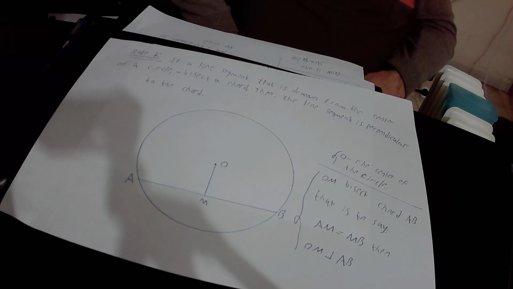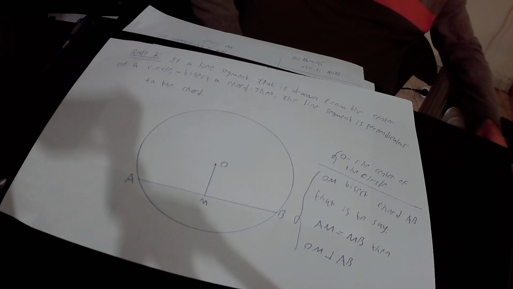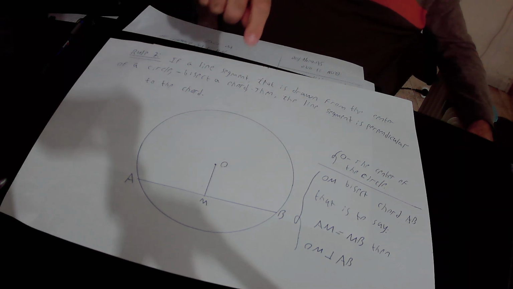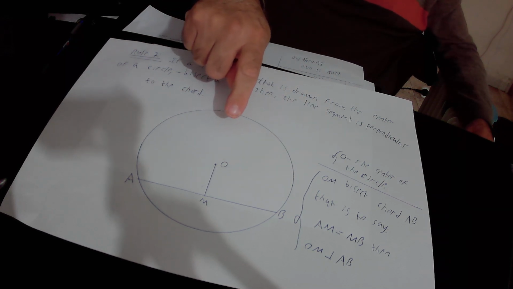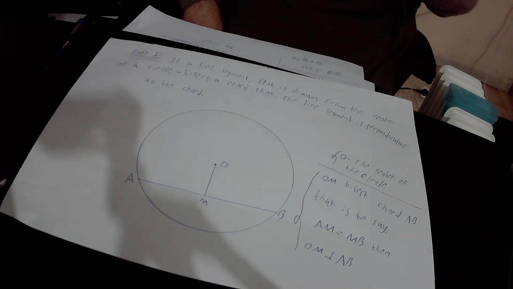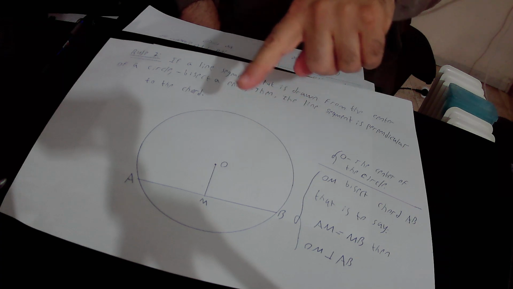Rule number 7: if a line segment that is drawn from the center of a circle bisects a chord, then the line segment is perpendicular to the chord. Point O is the center of this circle. From point O, we draw line segment OM. And we know that line segment OM bisects chord AB.